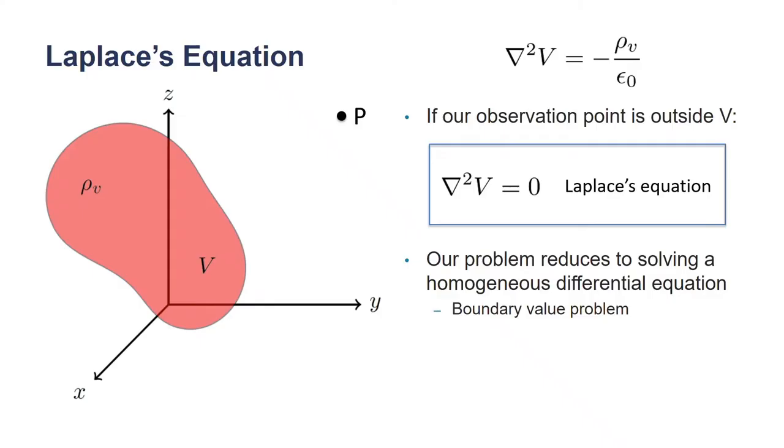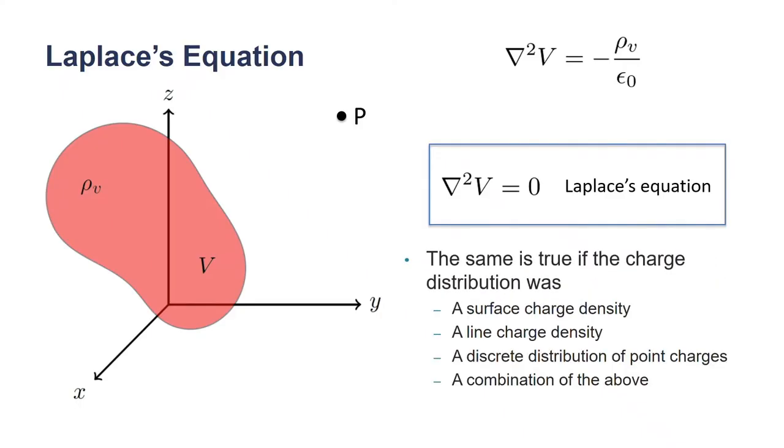Everywhere outside this volume V, our problem reduces to solving this homogeneous differential equation, and it basically turns into a boundary value problem. It's important to realize that we can apply the same concept to many other charge distributions, not just volumetric ones.